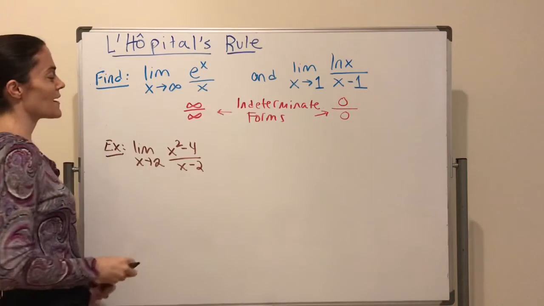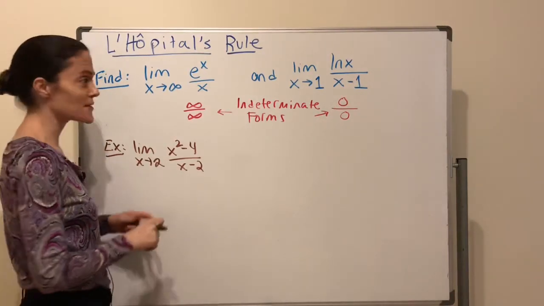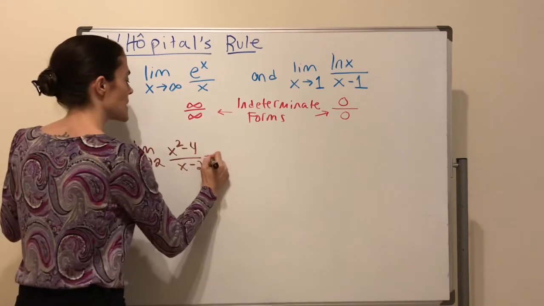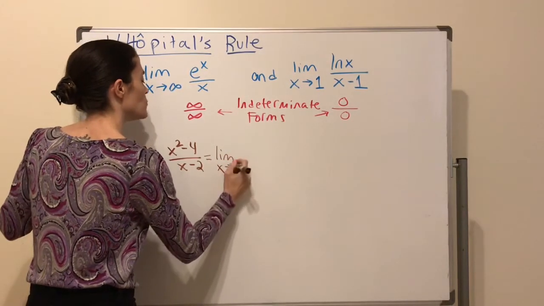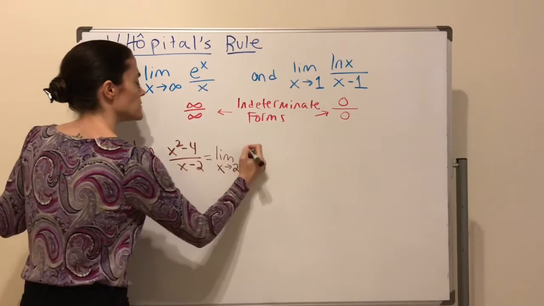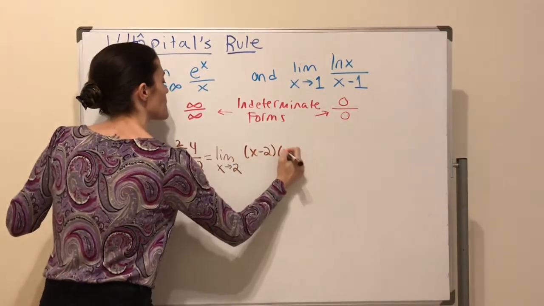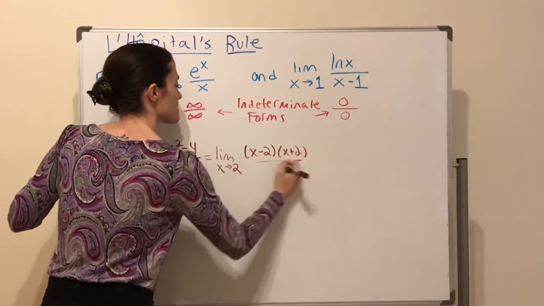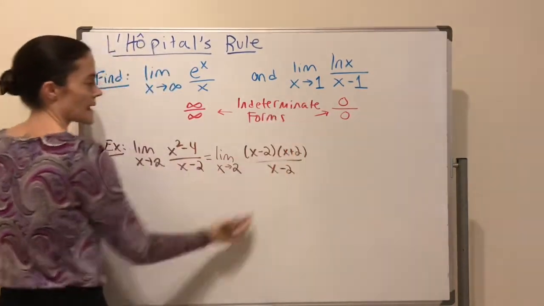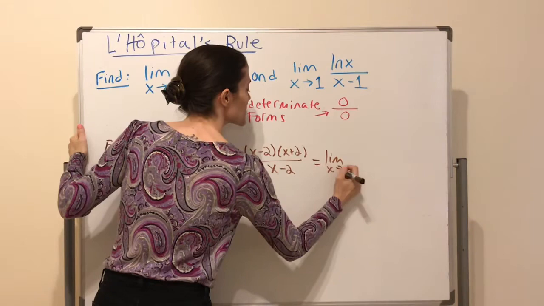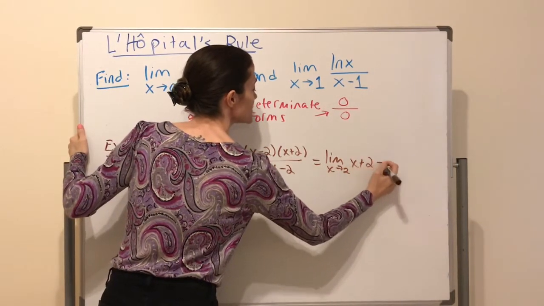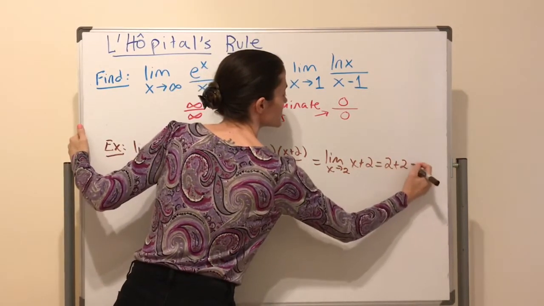Here we try to evaluate, we get 0 over 0. And what we did in this example is we just factor and cancel. This way we get the limit as x approaches 2 of x plus 2, and this is 2 plus 2, which is 4.